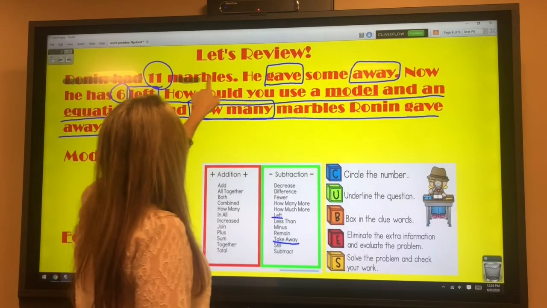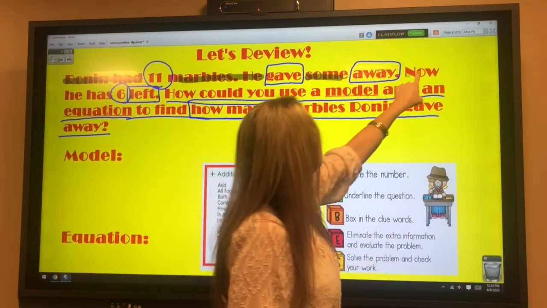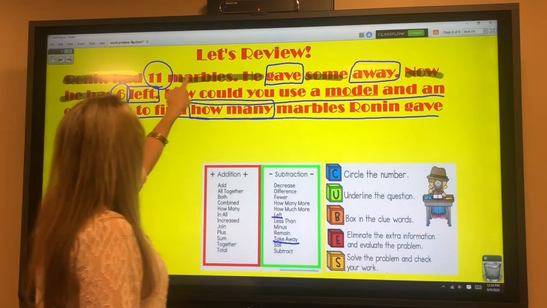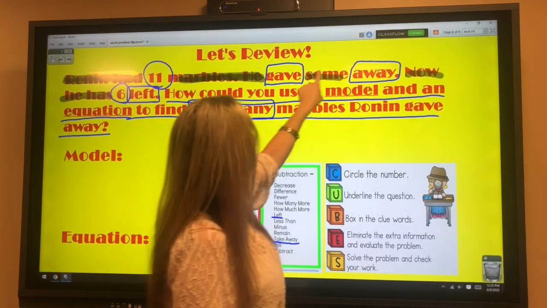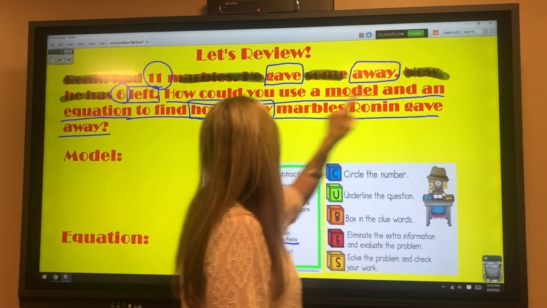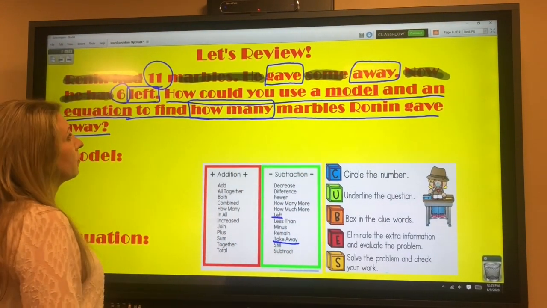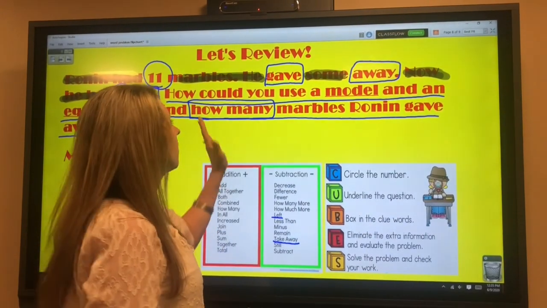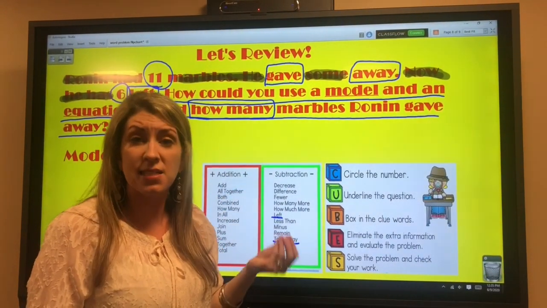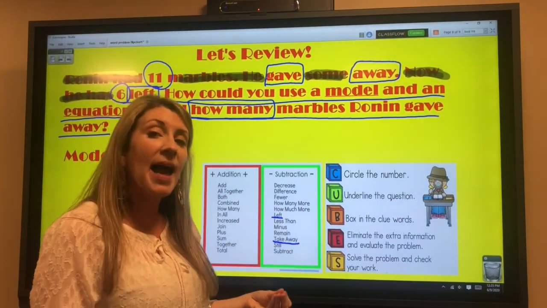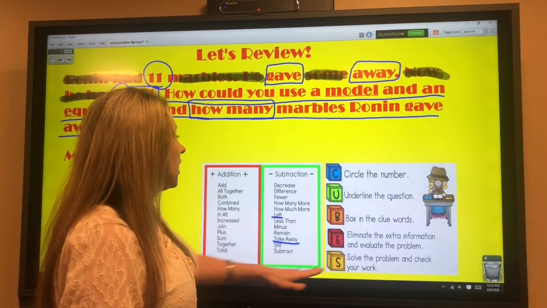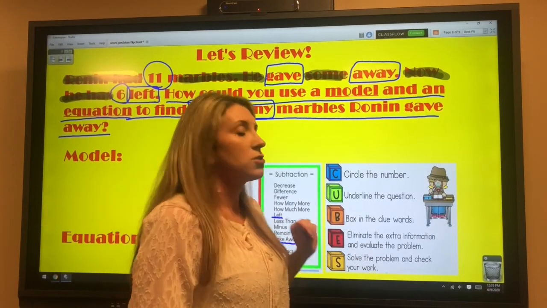We don't need any of this. And I'll go over it one more time so it's a little bit darker. But remember, we don't need to cross out anything in our question. Everything you underline in your question is still important, because we want to come back to that when we're solving our word problem. So now let's evaluate and solve our problem.